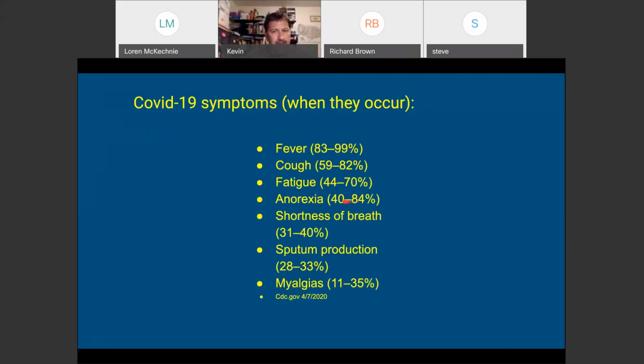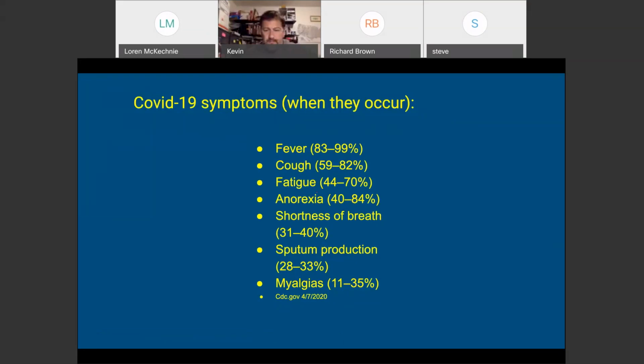Over half the people lose an appetite. Fewer than that, 1/3 of the people have shortness of breath. Some will have a little bit of phlegm, and 10% to 1/3 of the people will have body aches. Sometimes the myalgias just come from the fever. So those are the common symptoms. There's also some reports of symptoms, especially in kids, of having nausea, vomiting, diarrhea.